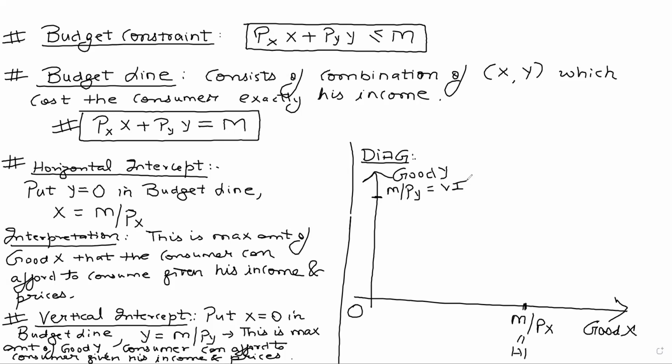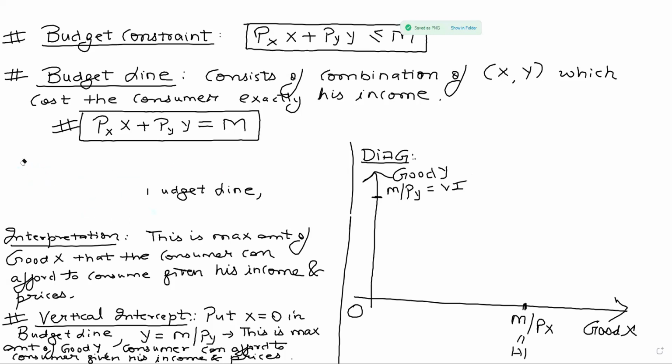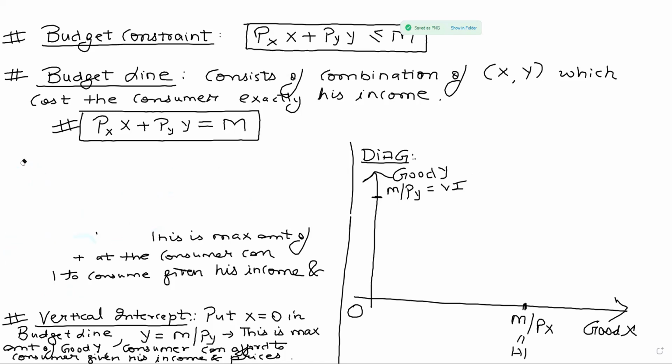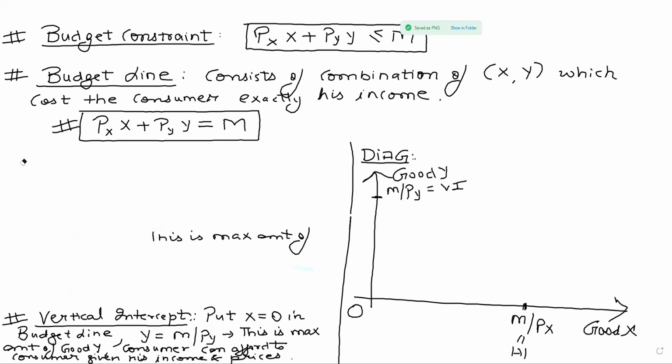Now, how do we find the slope of the budget line? So our next question is finding the slope. Erasing the horizontal intercept and the vertical intercept part, I hope students have understood this now. We now see how we can work out the slope. So guys, what is the slope?